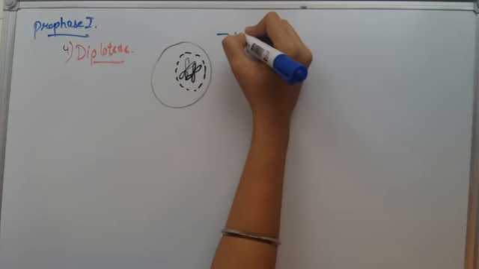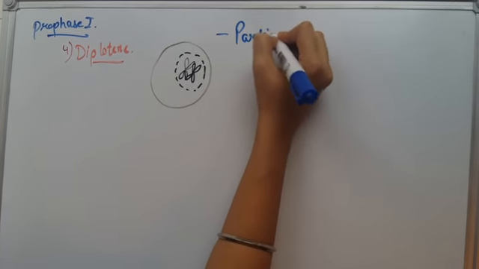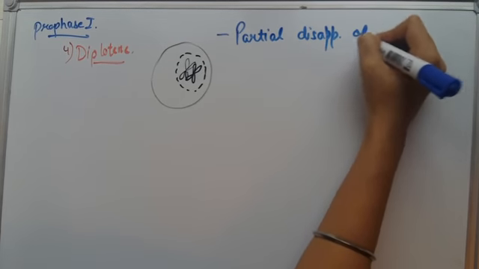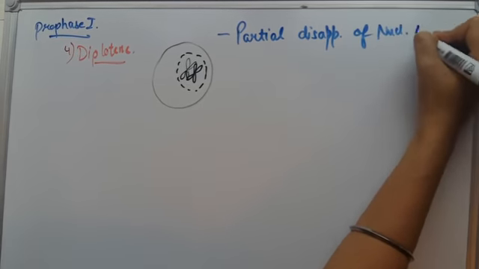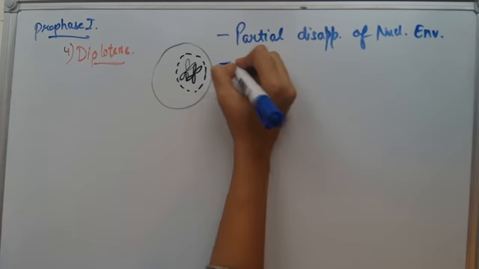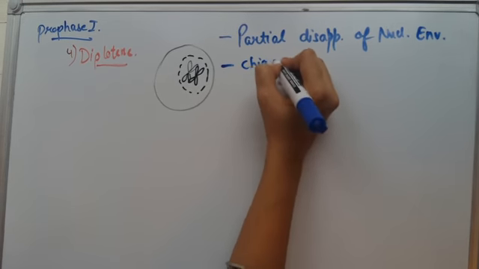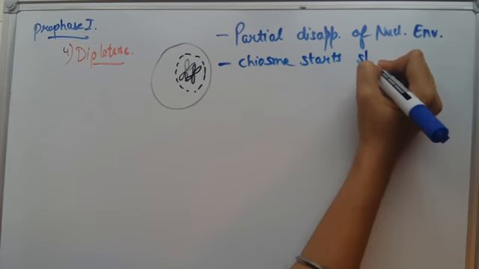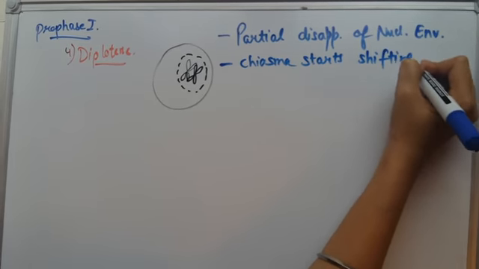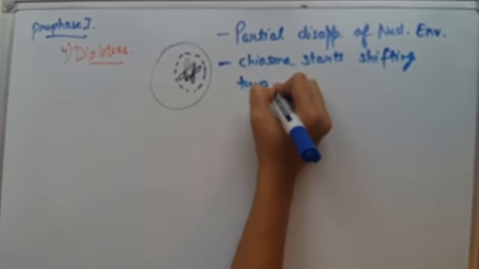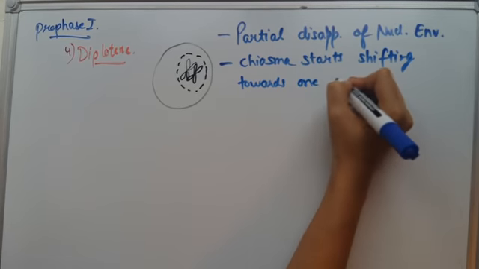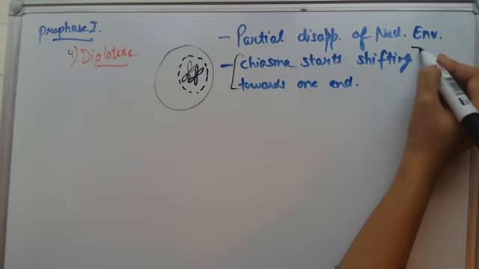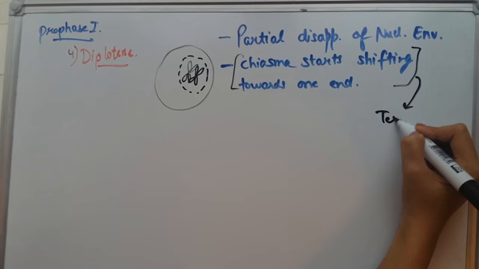So the general points are: partial disappearance of nuclear membrane or nuclear envelope, and chiasma starts shifting towards one end. And this process is called terminalization.